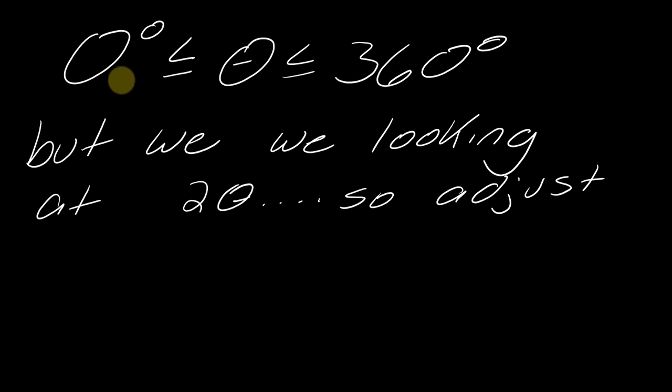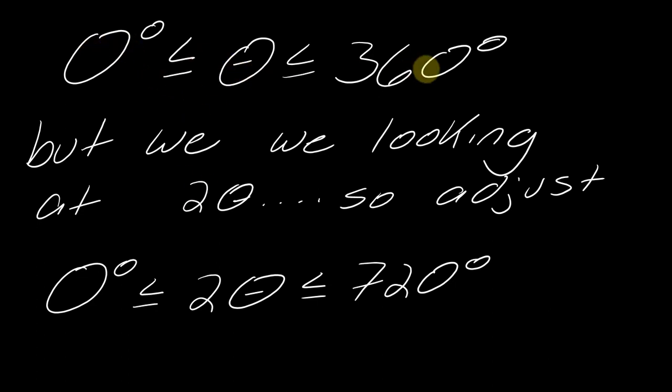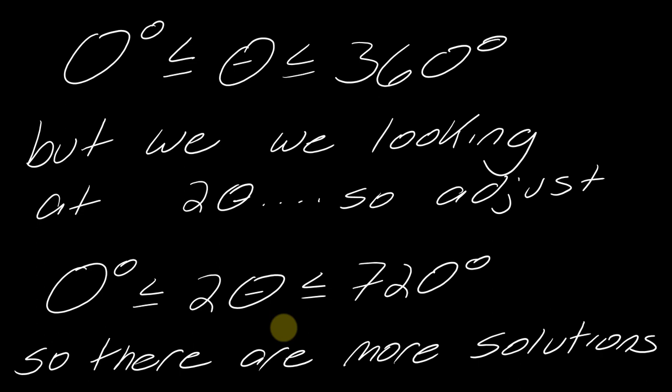So what I want to do now is I want to expand this interval, and I want this to now be centered around 2 theta. So what I'm going to do is I'm going to multiply each part of this inequality by 2. So actually now what I want to do is I want to find more solutions, and I want to think about the unit circle going on to 720 degrees. And this will all make sense in a second.